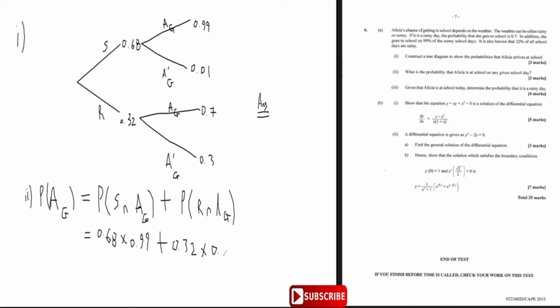That will give you the probability of Alicia going to school on any given day. 0.68 times 0.99 plus 0.32 times 0.7 is 0.8972.